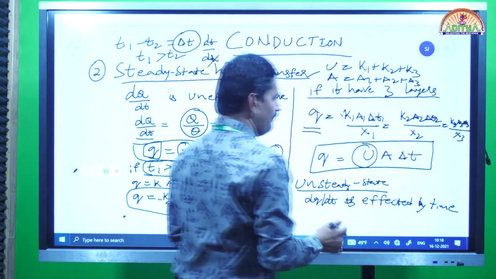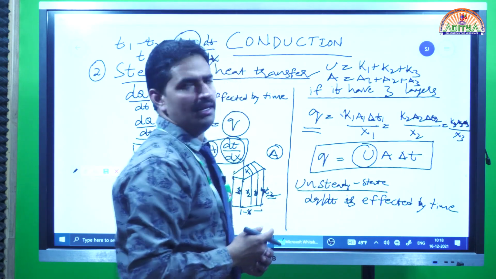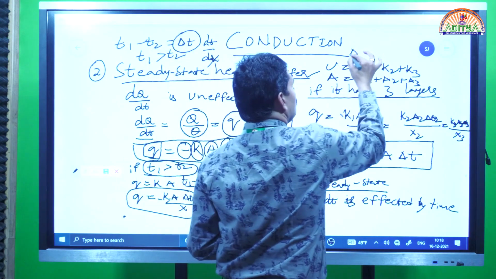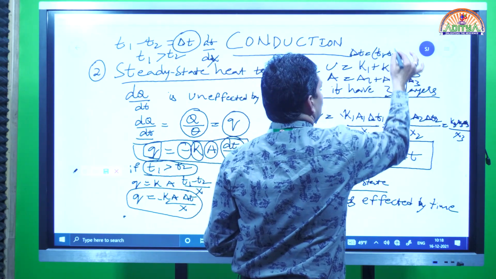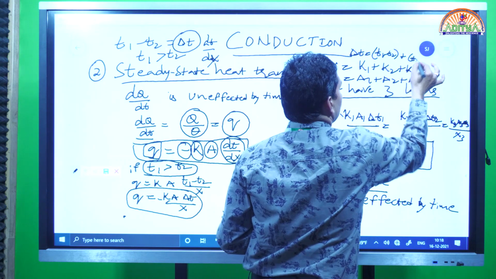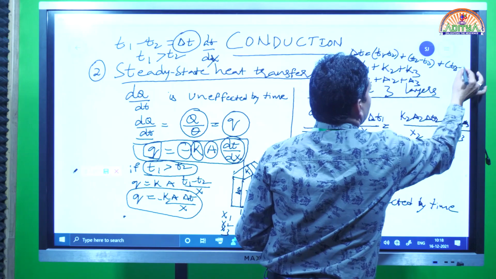Delta T is equal to T1 minus T2 plus T2 minus T3 plus T3 minus T4.